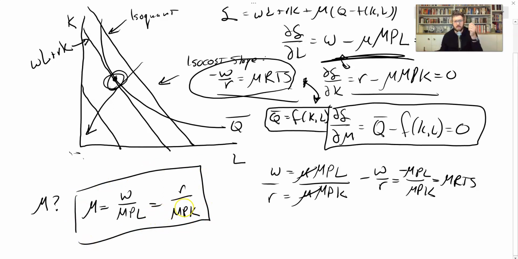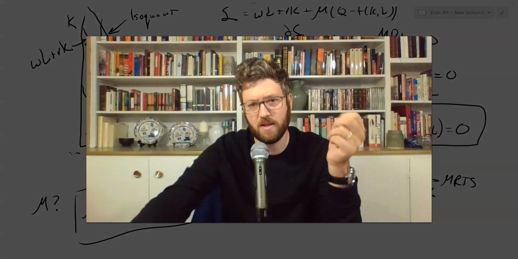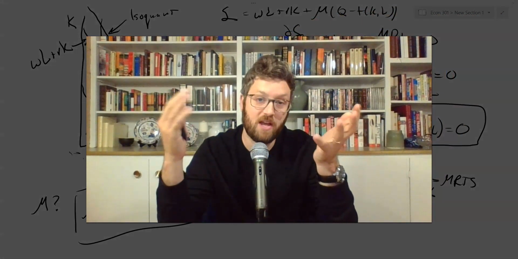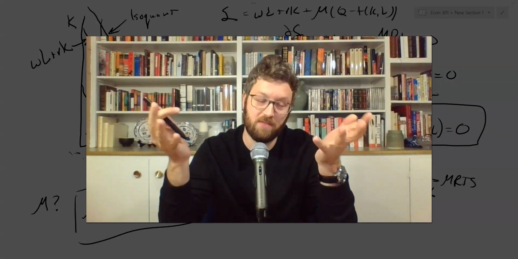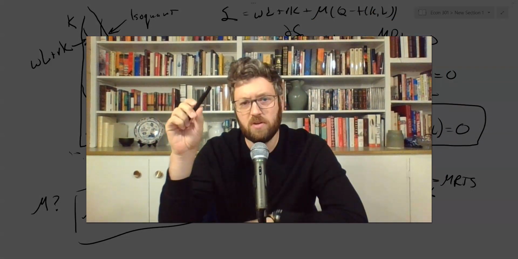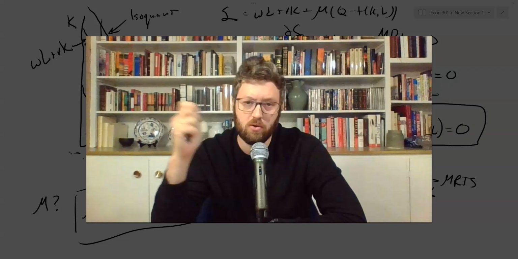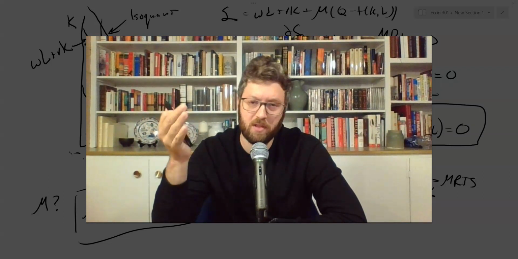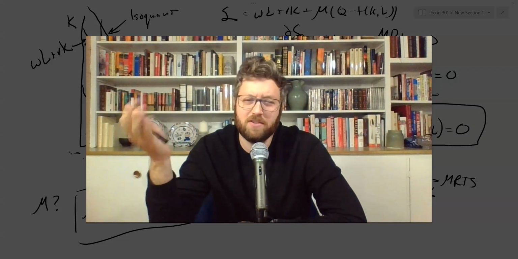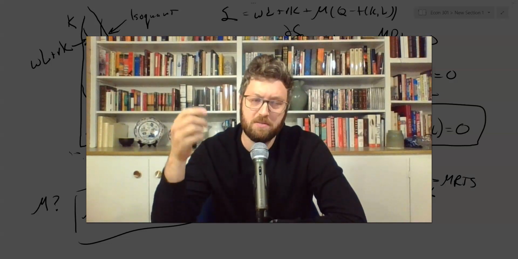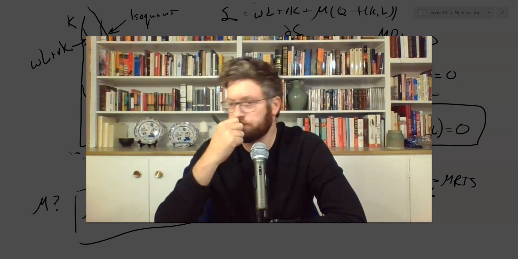It's saying that if your output Q bar was raised a little bit, it tells you how much extra it would cost to achieve that. Because if you needed to produce a little more quantity, you need to hire more labor, or more capital, or actually you'd probably hire more of both. But suppose you're just going to hire a little more labor.